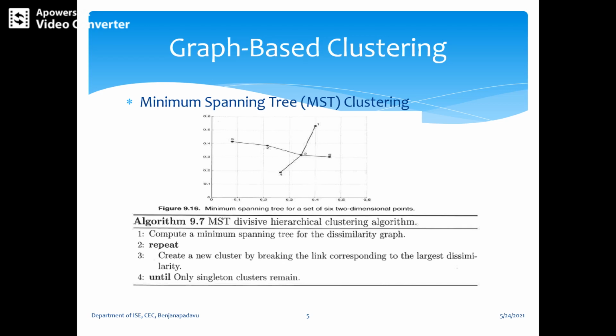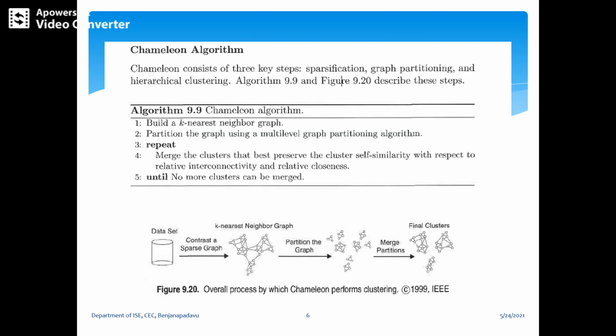Another part is Chameleon: hierarchical clustering with dynamic modeling. So now this is the Chameleon algorithm. We have discussed agglomerative hierarchical clustering techniques, which operate by merging the two most similar clusters, where the definition of cluster similarity depends on the particular algorithm.